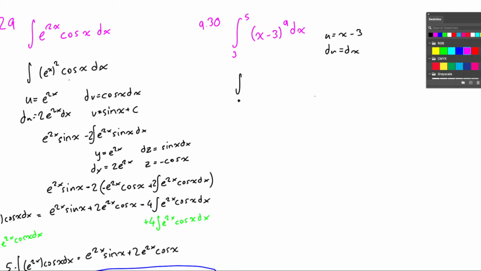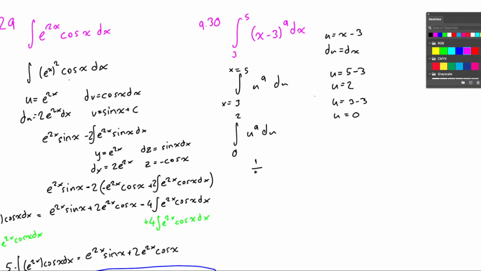We get the integral from 3 to 5 of u to the 9 du. Then u equals 5 minus 3, u equals 2, and x equals 3 gives 3 minus 3, u equals 0. That means our new limits of integration would become the integral from 0 to 2 of u to the 9 du.